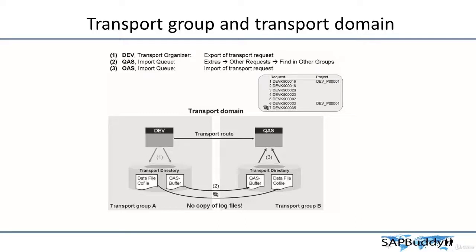So what happens is, if you create a TR from the development system, it will be exported to this particular transport directory. Once you add this transport to the QAS buffer, the files need to be copied from the development system to the QAS system.